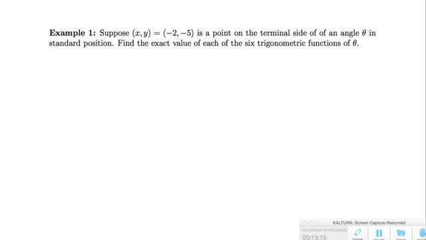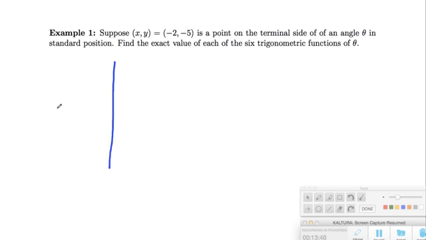So go ahead and start reading this new problem. So if you've got the standard xy plane, an angle is said to be in standard position if it starts from the positive x-axis and then rotates that way.